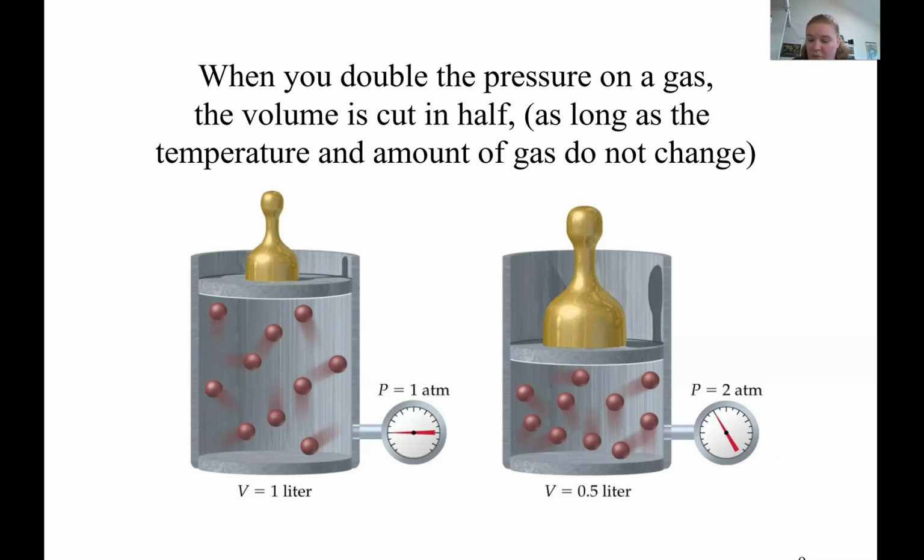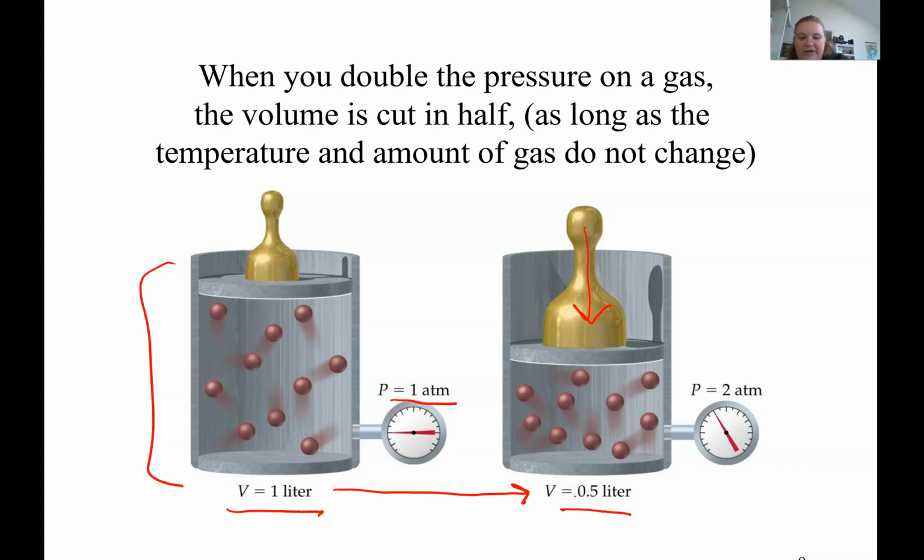So here's one more picture, and then we'll do a practice problem with it. But our picture is kind of illustrating what I just said. So in our first scenario here, we have a volume of 1 liter and a pressure of 1 atmosphere, and there's a little weight on the top. And so if we now have a bigger weight, so it's pushing down, the volume is half as big.